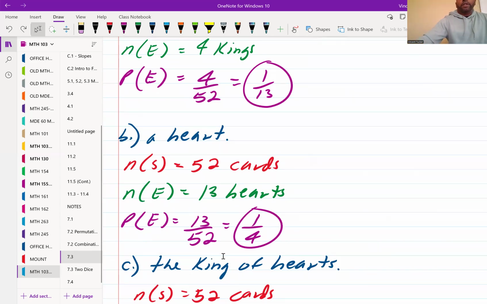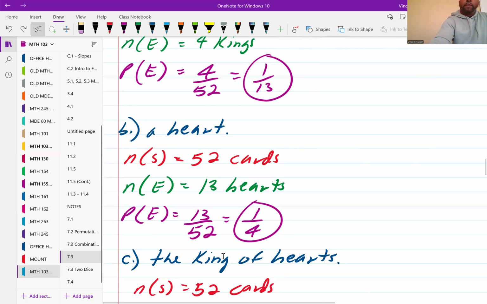Place that 13 over 52. That's 1/4 when you reduce it all the way down. We're at 13 cards per suit for each suit.